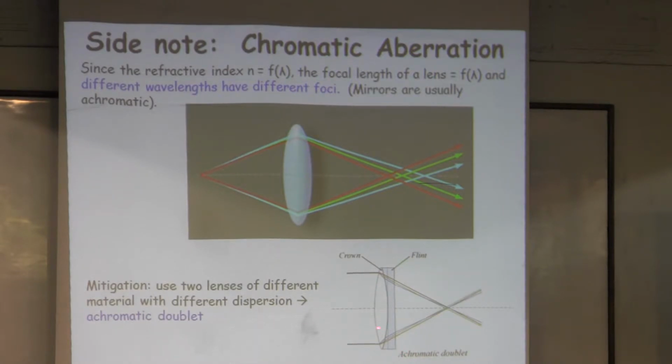In many cameras, when you look at the optics, you often find doublets, essentially always pairs of lenses, and that's for the reason shown here, that you want to get rid of the chromatic aberration.